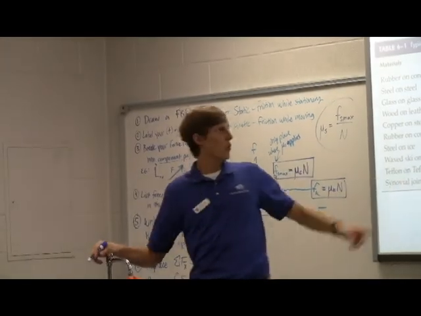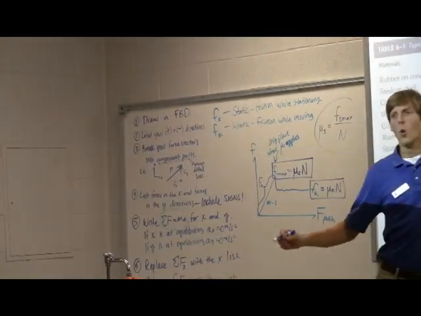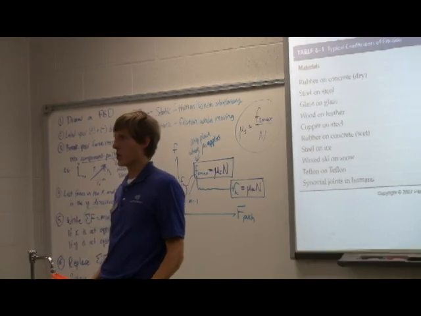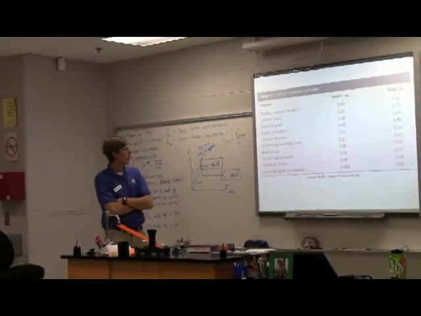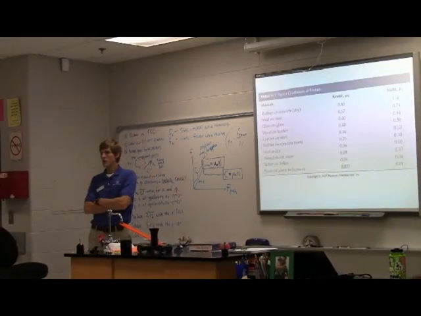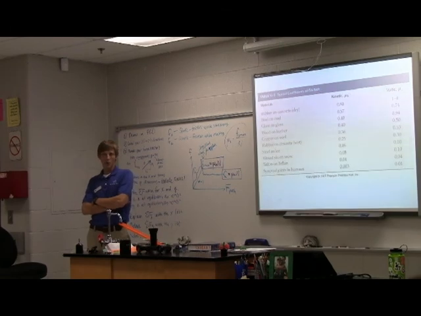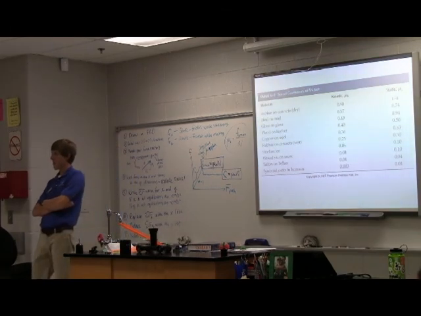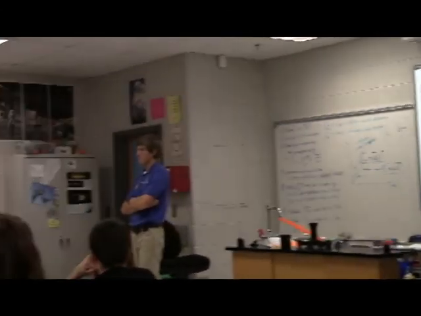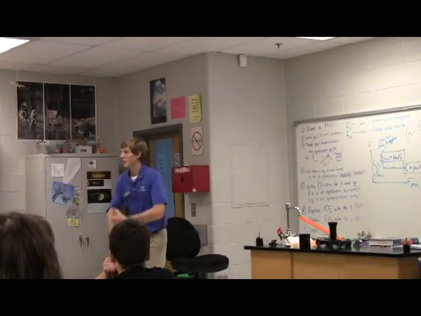What does it mean if the coefficient of friction is greater than 1? Does that mean the force it takes to get it moving is greater than how much it weighs?